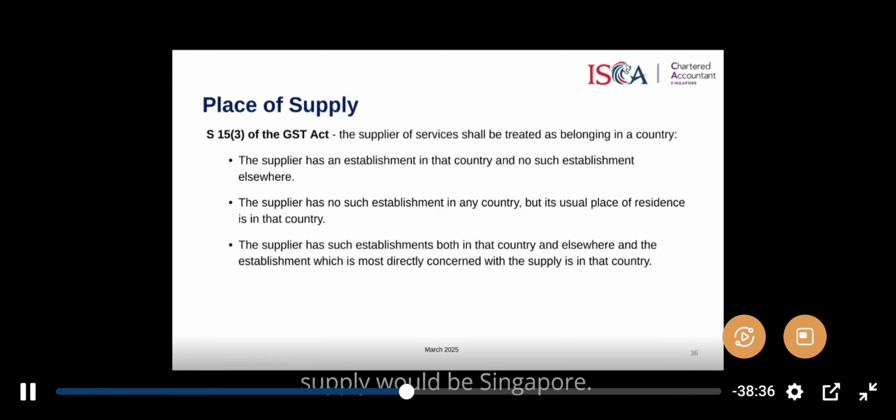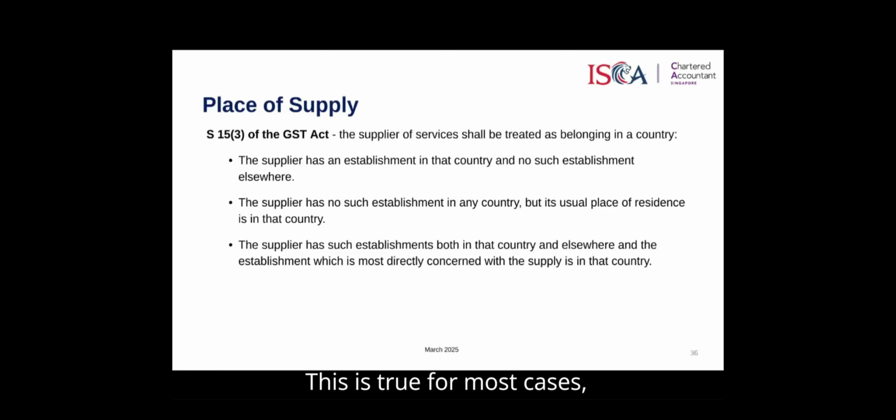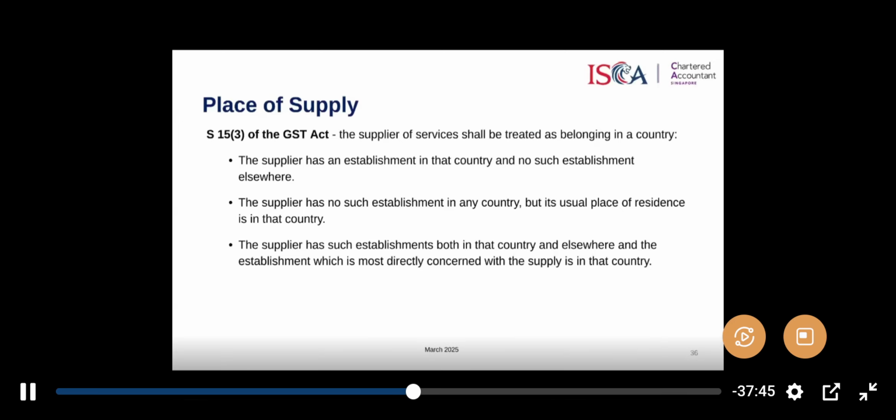This is true for most cases, especially as you read about examples where it involves a retail store in Singapore. The line is blurred when we talk about digital goods and services, and therefore, when you encounter situations involving intangibles such as services delivered across the internet, you have to apply these three rules very, very carefully in order to determine if the supply of such intangible services would be deemed to have taken place by a supplier belonging to Singapore.